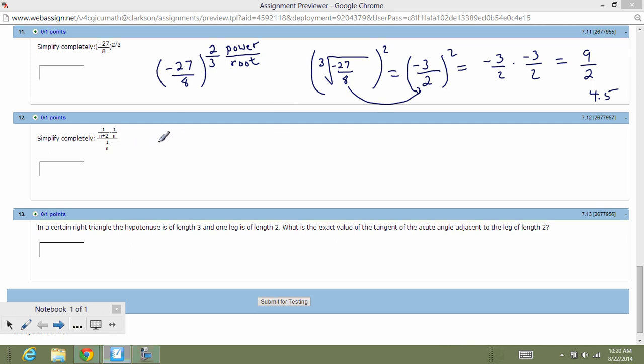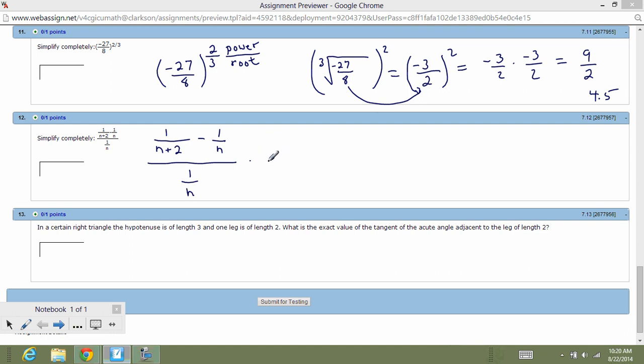Number 12, I guess we have space for. This is a compound fraction: 1 over n plus 2, minus 1 over n, over 1 over n. This came from the second unit of the refresher program. Now, you might have seen a few different techniques working with these in high school.